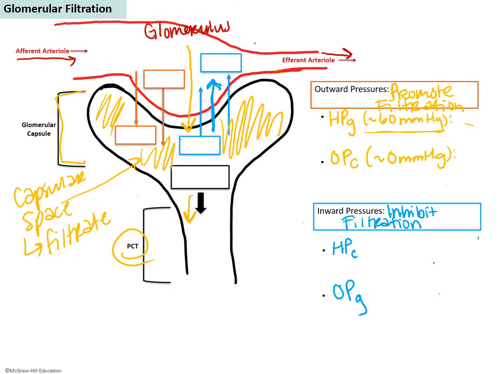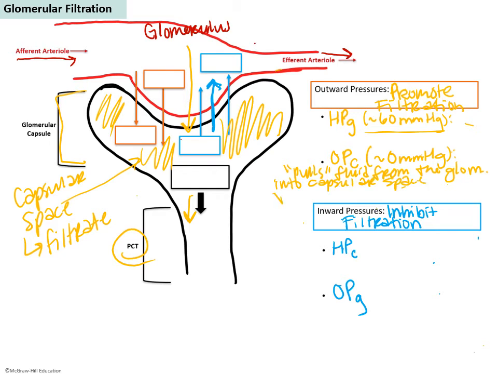If this did exist, this would pull fluid from the glomerulus. I'm just going to write glom for space. Glomerulus into the capsular space.